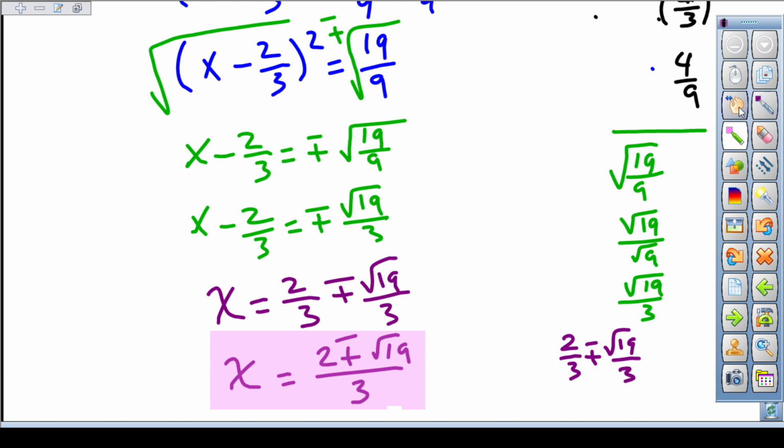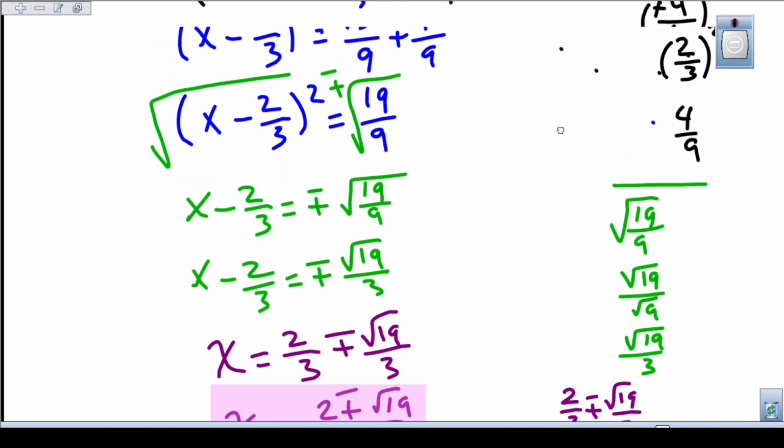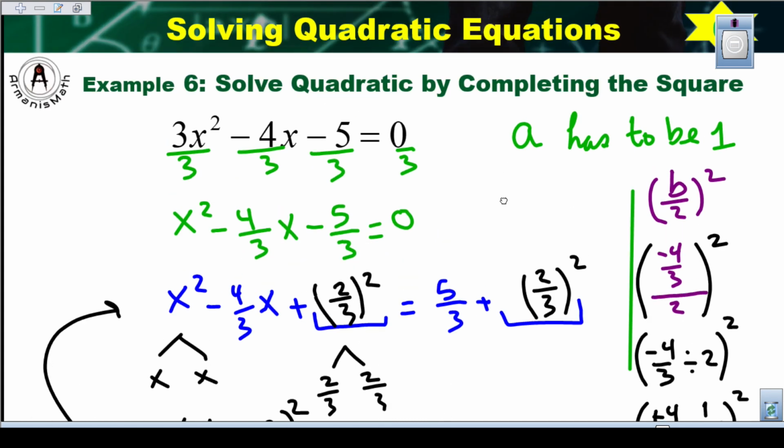Okay, so let me preview this since this was a laborious problem. What we started with was a quadratic equation, and this quadratic equation had 3x squared, so the a term was not 1.